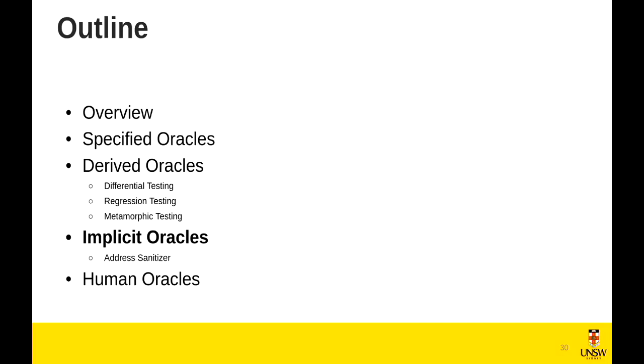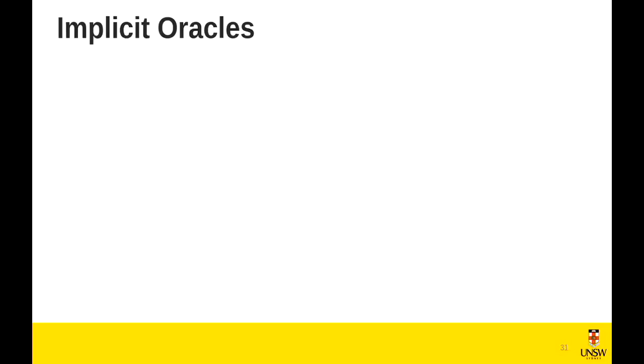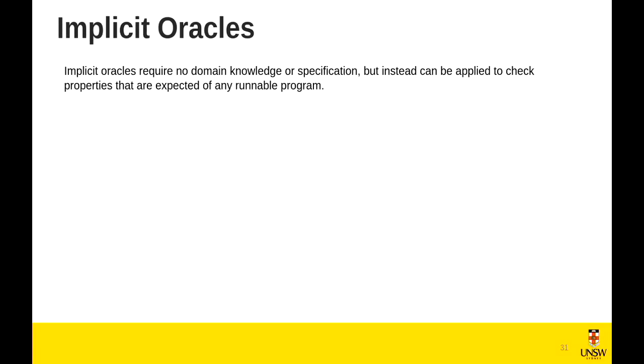So now let's continue to learn some more general test oracles, which are called implicit oracles. And in particular, we are going to cover the topic of address sanitizer. We have been using it in our practices, but now let's learn how it works. So implicit oracles are likely the most general type of test oracles.